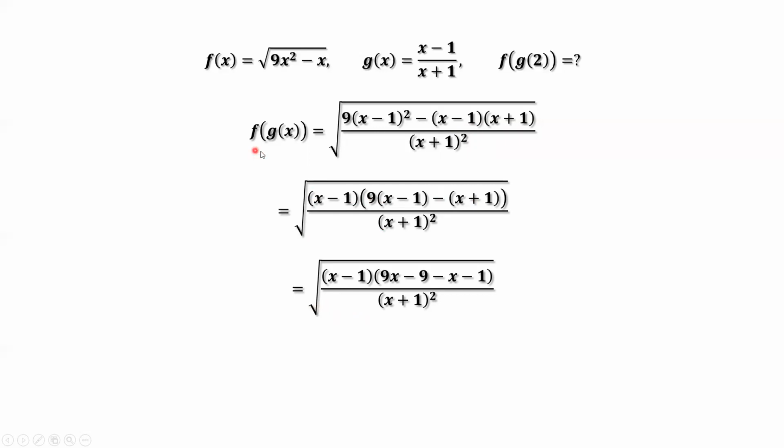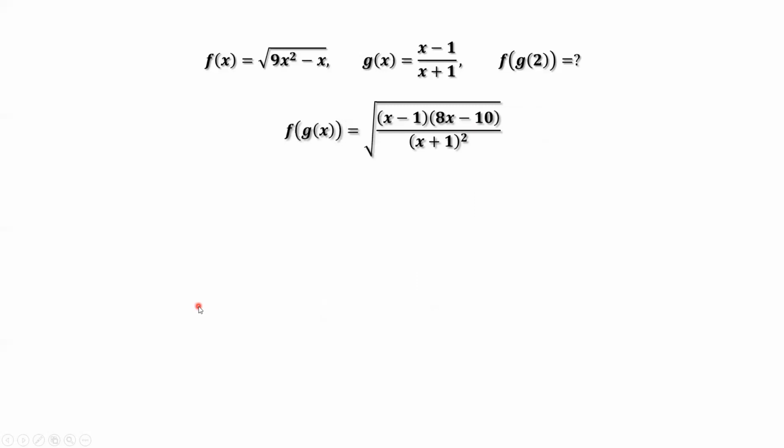Then we have f of g of x equals square root of x minus 1 times 9x minus 9 minus x minus 1 divided by x plus 1 squared. Continue to simplify. We have f of g of x equals square root of x minus 1 times 8x minus 10 divided by x plus 1 squared.